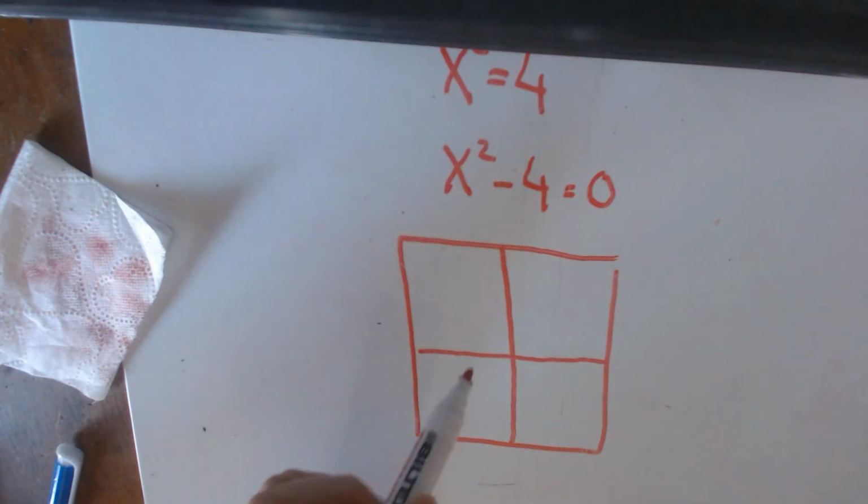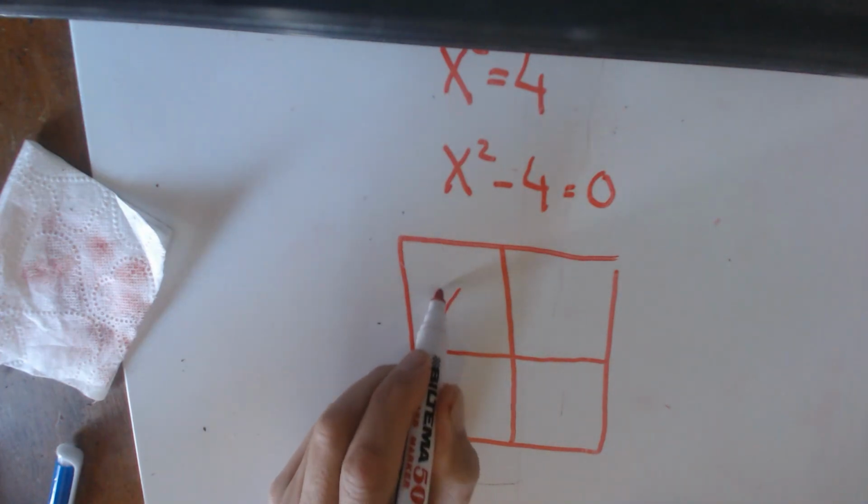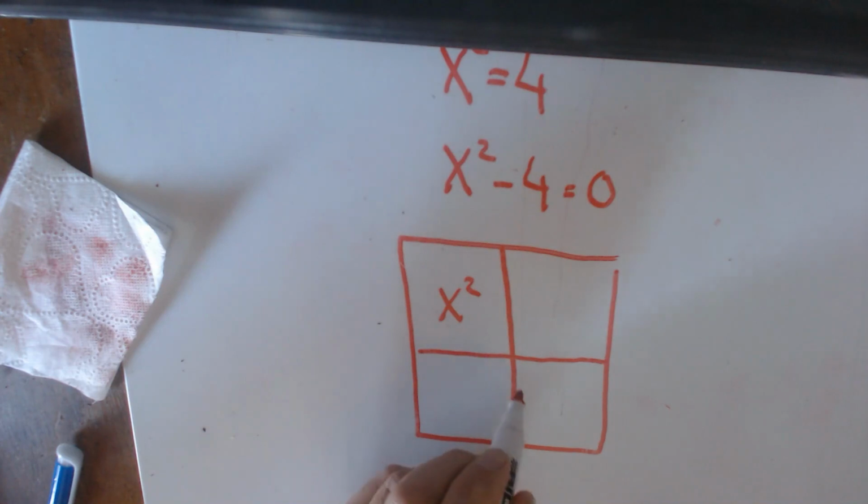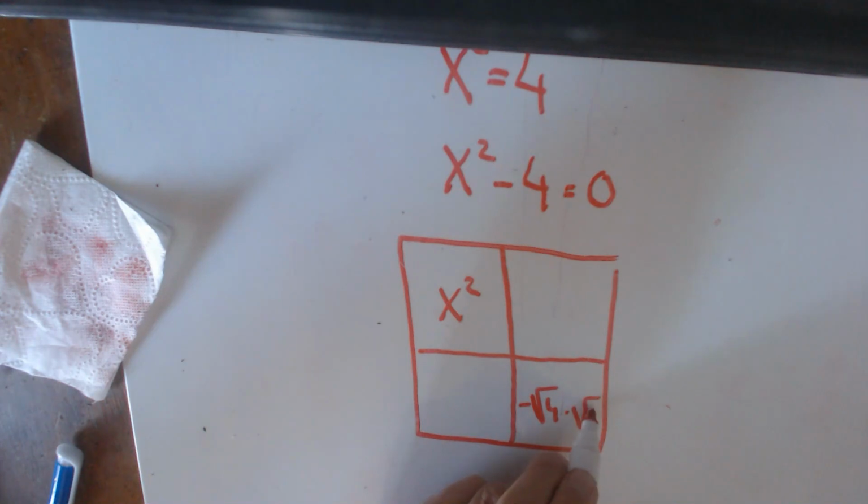So we put x squared there, and we write 4 as a square, so you have minus square root of 4 times square root of 4 here.